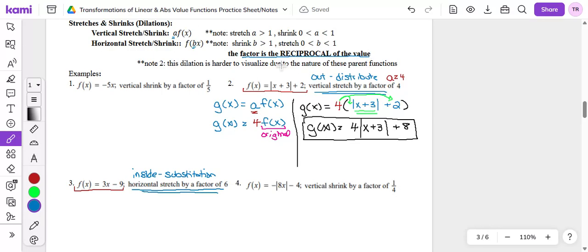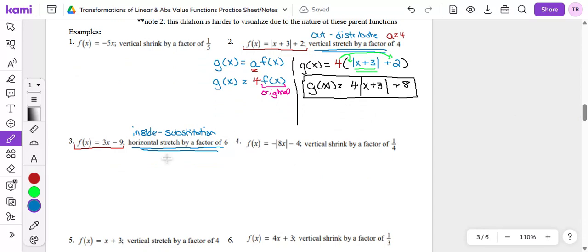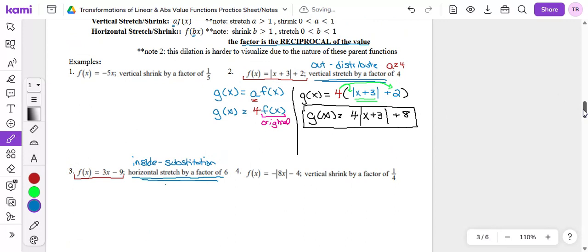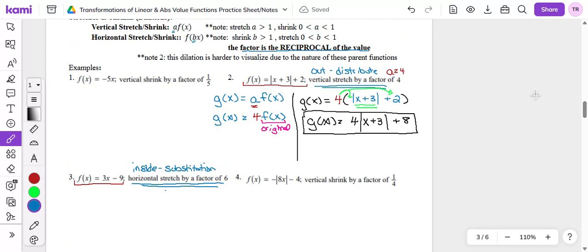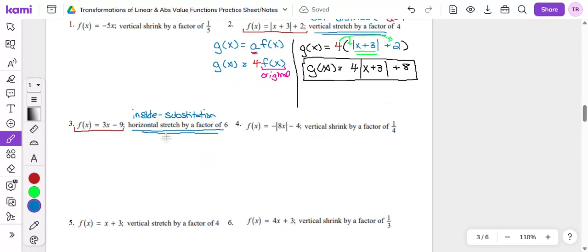Okay, so if they're telling me my value is 6, the reciprocal of that is when I take the value and I flip it, right? So my b value here, my factor, instead of being technically 6 over 1, I flip it and I get 1 over 6.